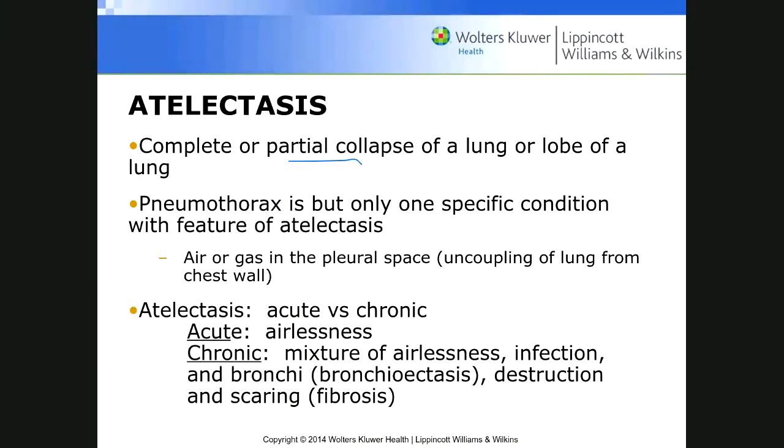So it's a partial collapse, or it's full, right? So it's complete, it's full, and this is pretty true if someone has a pneumothorax, for example, which really means collapsed lung. A pneumothorax means that the lung is surrounded by the pleural membrane.